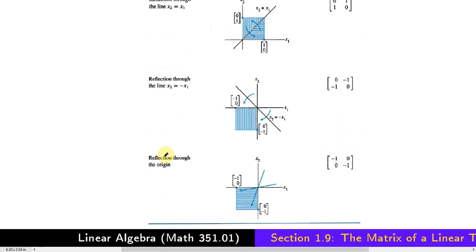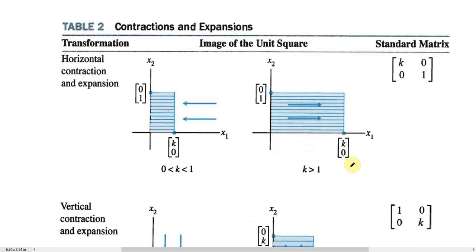And then finally, a reflection through the origin is accomplished with this standard matrix right here. If you recall from the previous section, we saw this as an example. We worked this out.